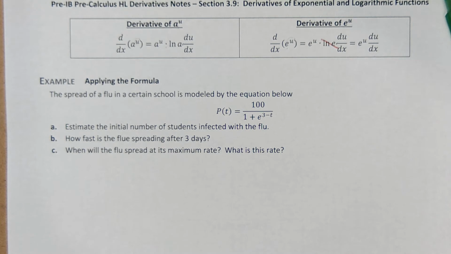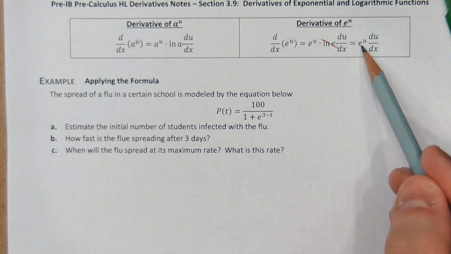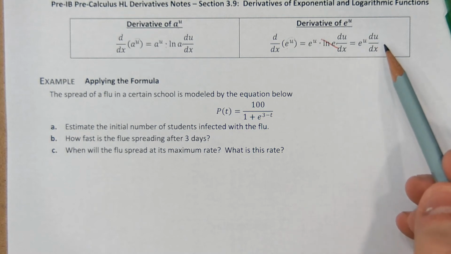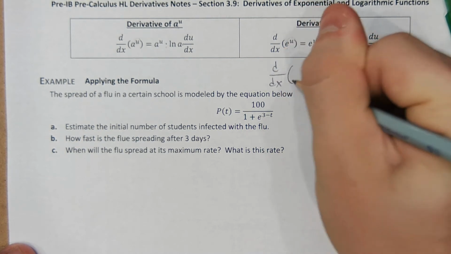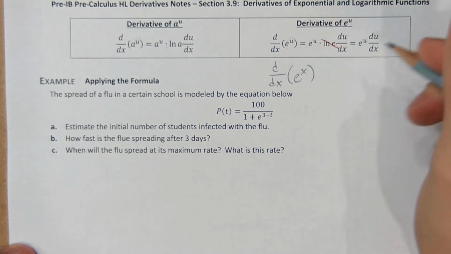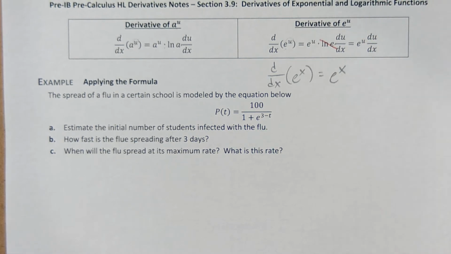So as it turns out, the derivative of e to u, whatever u is, legitimately is e to the u times the derivative of the exponent. What that means is the derivative of e to the x is e to the x. It's its own derivative. And as far as I know, it's the only function that is its own derivative. It's really stinking cool.